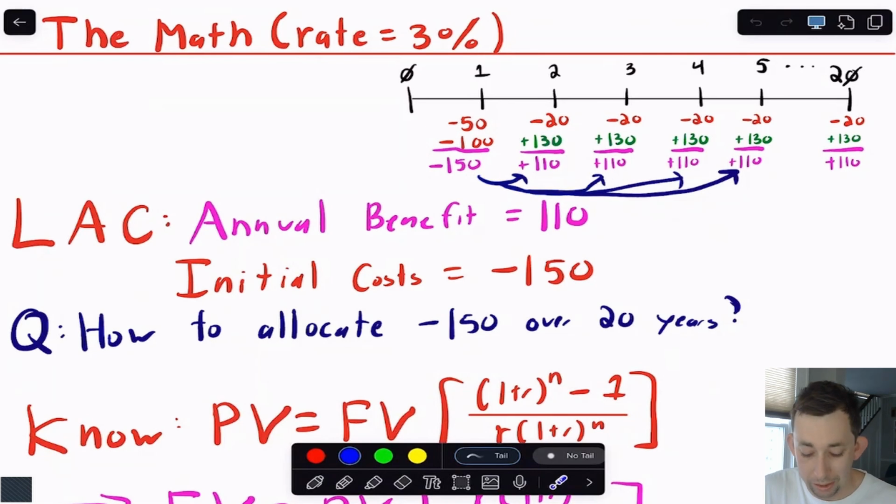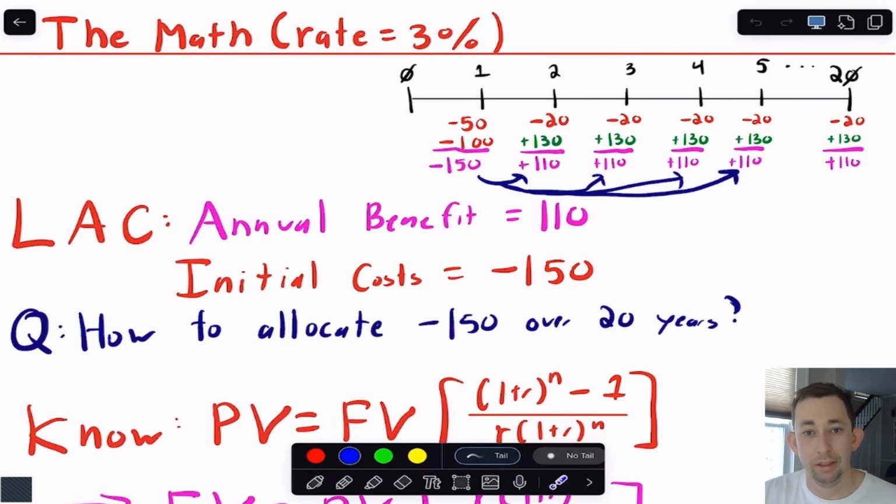And so the reason why this is a little tricky is because we don't want to split this 150 up into 19 and then evenly split it between all of these different periods, because that's not really what's happening. Because if we say split this into 10 in each period, well, the $10 that we put into period 2 is different than the $10 we put into period 5, because period 5 is 3 periods more in the future than period 2, and so their future values are not comparable.